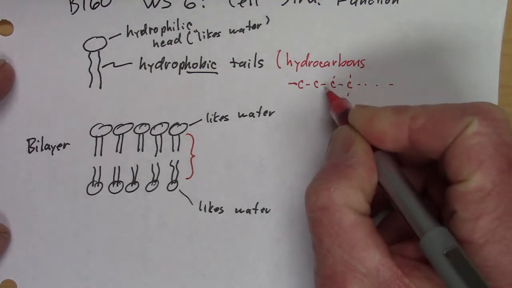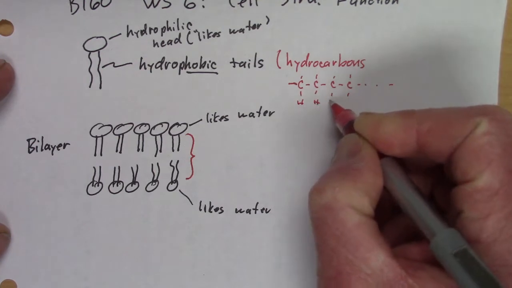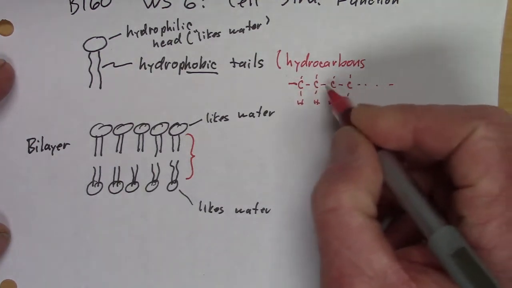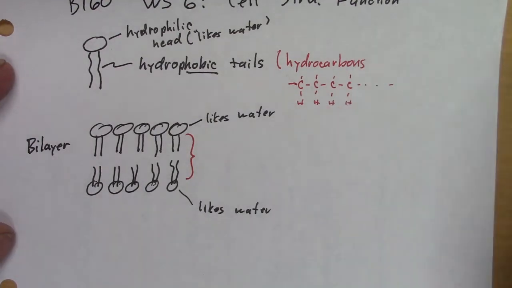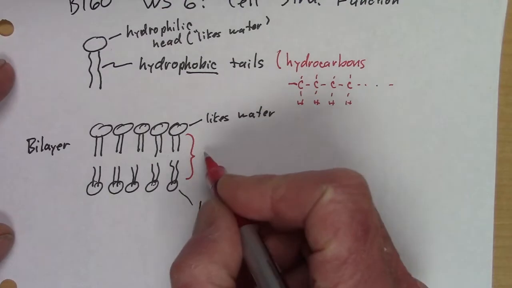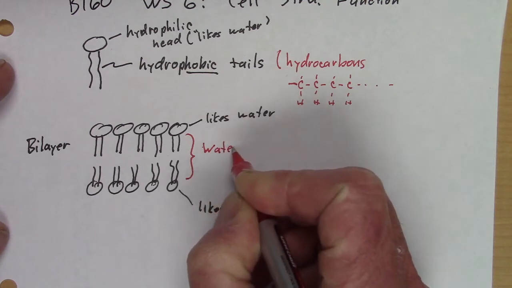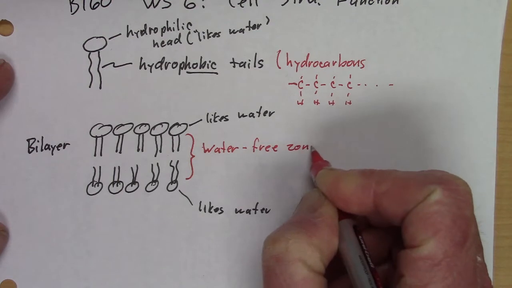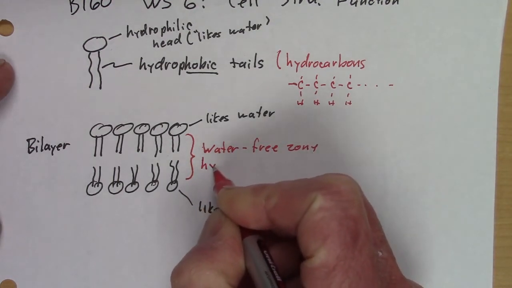And they are all saturated, or mostly saturated, with hydrogens. So the point is that these are non-polar regions of the molecule. They do not interact with water. Okay, so this is a water-free zone, perhaps you could call it that. But it's a hydrophobic region of the membrane.